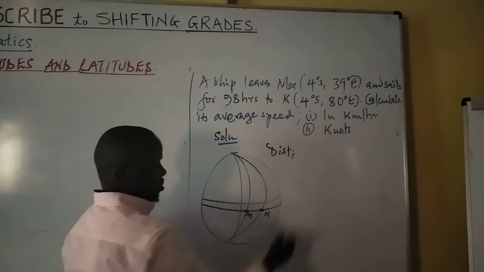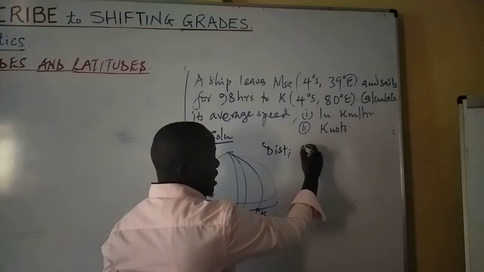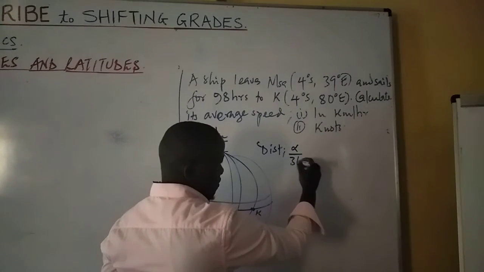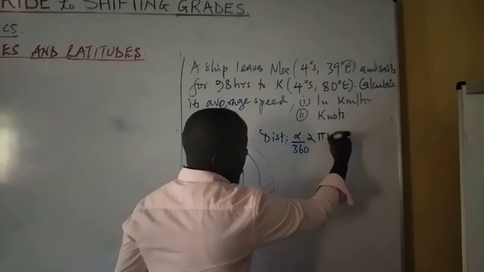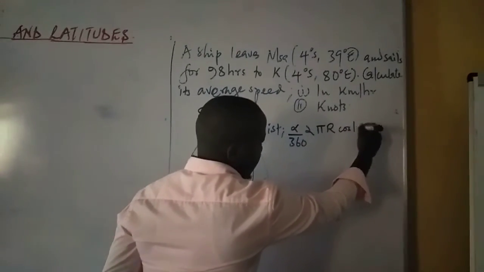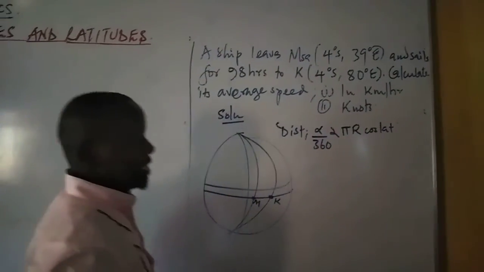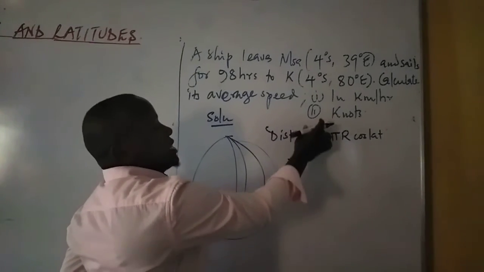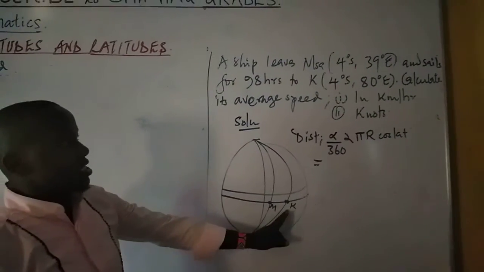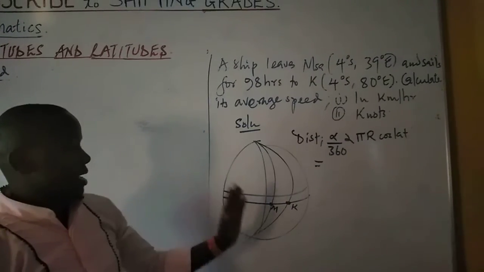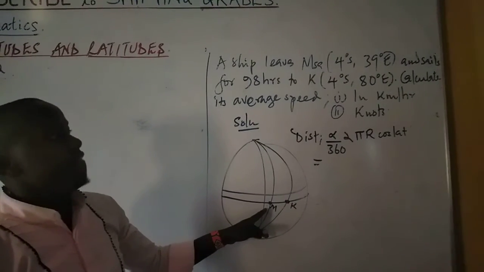for small circles, we get it by alpha over 360 times 2 pi r cosine of the latitude where the two places are. Alpha is the difference in longitudes. K is 80, Mombasa is 39.